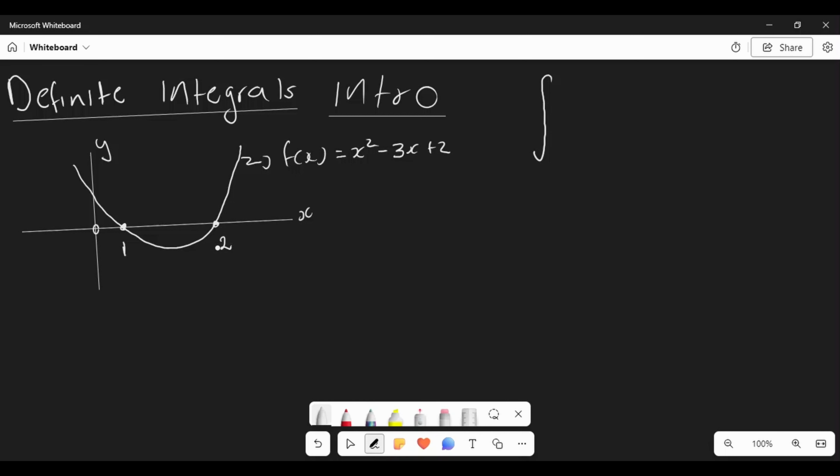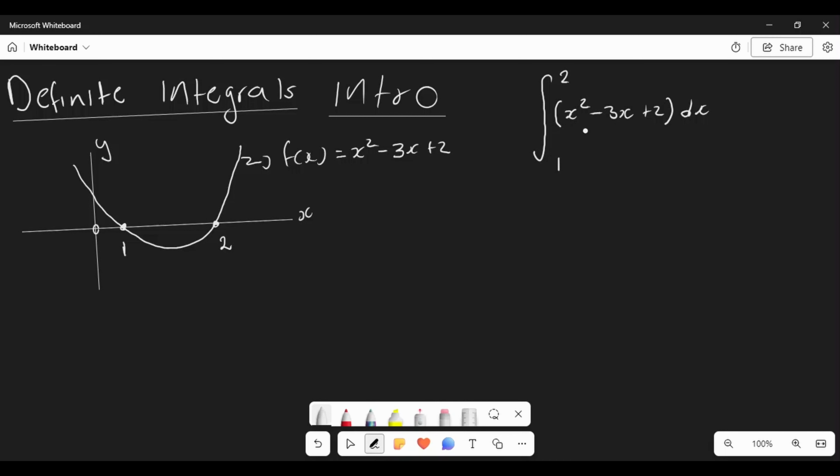So the upper limit here, as you can see, is 2. 2 is greater than 1, by the way, guys, okay? And then the lower limit is 1. Then you put the function here, which is x squared minus 3x plus 2, and then the dx, right?